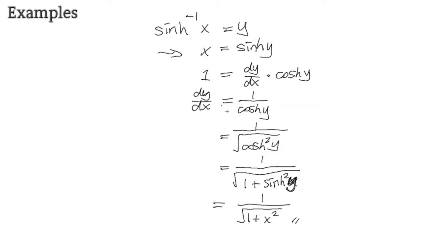And with that said, we can now reverse engineer this whole thing such that we can find arcsinh in terms of x, which is going to take a lot of space.